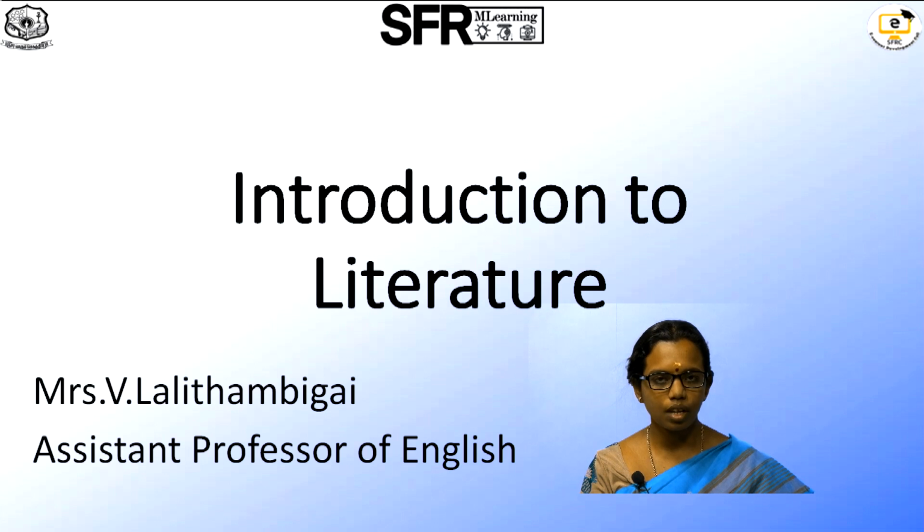Then the third unit is a unit on drama, in which there are two plays. The first play is J.M. Barrie's The Admirable Crichton. Then the next play is Lady Gregory's The Rising of the Moon. The next unit, Unit 4, is a unit of prose narrative, that is, prose romances have been included in the fourth unit.